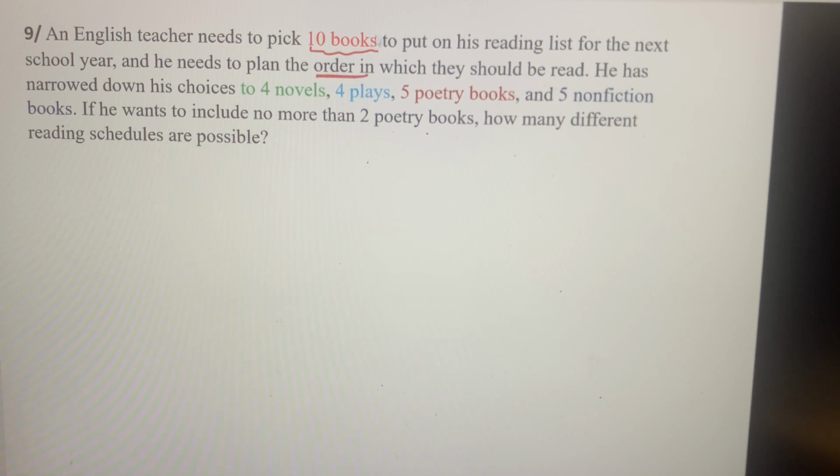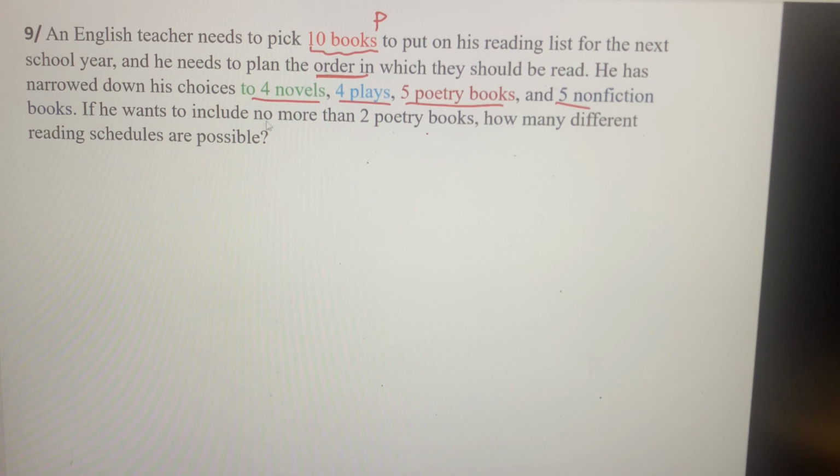The moment I see this order, I have to remember that there is something, permutation, at the end of the day, for the 10 books in which they should be read. So he has narrowed down his choices into 4 novels, 4 plays, 5 poetry books, and 5 non-fiction books.